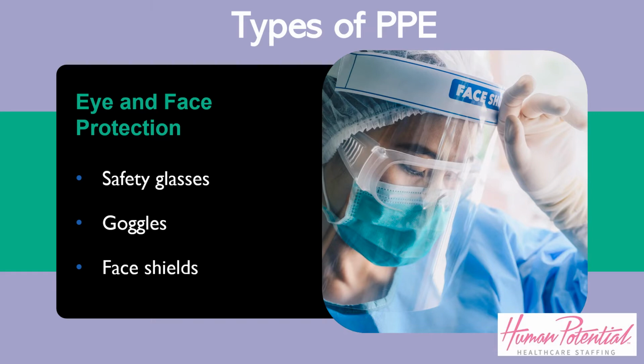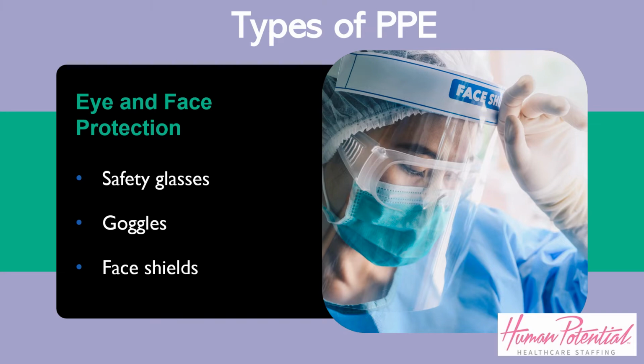OSHA requires employers to ensure that employees have appropriate eye and face protection if they are exposed to eye or face hazards from flying particles, molten metal, liquid chemicals, acid or caustic liquids, chemical gases or vapors, and potentially infectious material or potentially harmful light radiation.